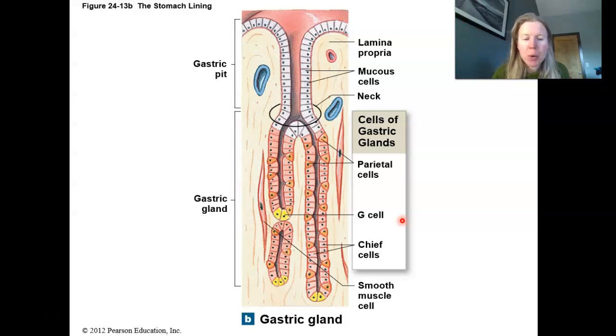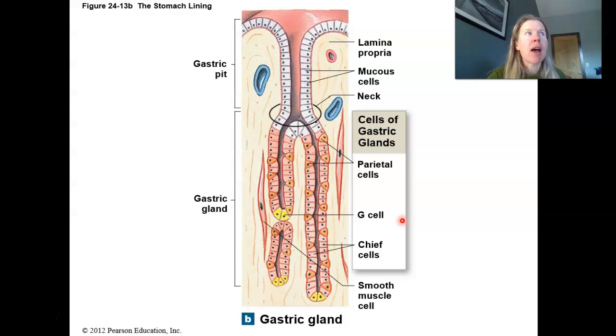This gastrin is going to stimulate the chief cells and the parietal cells, and also stimulates contraction of the stomach wall. We'll also see there are other hormones that are going to be important. You might hear the hormone ghrelin. This is a hormone that tells you you're hungry.